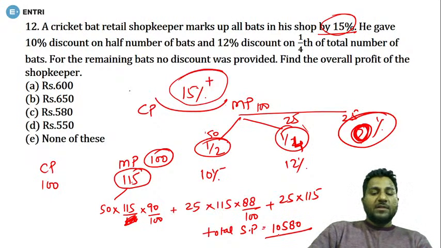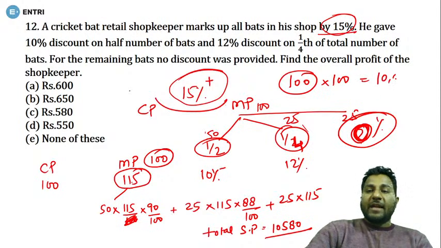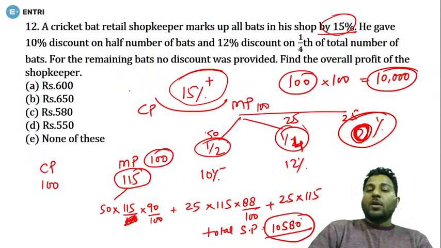We don't need to find the percentage. Look, we had 100 bats, so the cost price was 10,000, and we sold overall at 10,580. That means the clear difference is 580.